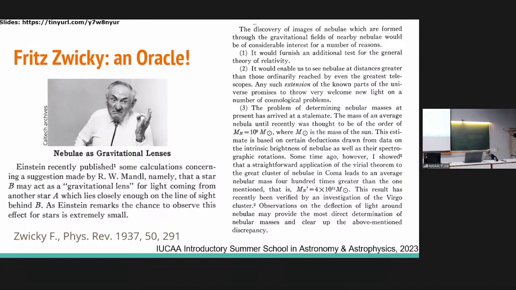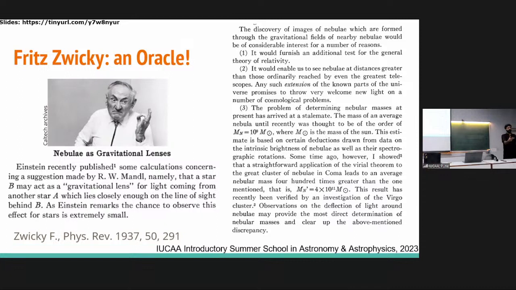And so he thought that these nebulae can act as gravitational lenses, so galaxies themselves can act as gravitational lenses, and you could do a number of things with gravitational lenses. So he said it could furnish an additional test for the general theory of relativity. He thought that these kinds of gravitational lenses would enable us to see nebulae which are much further away.